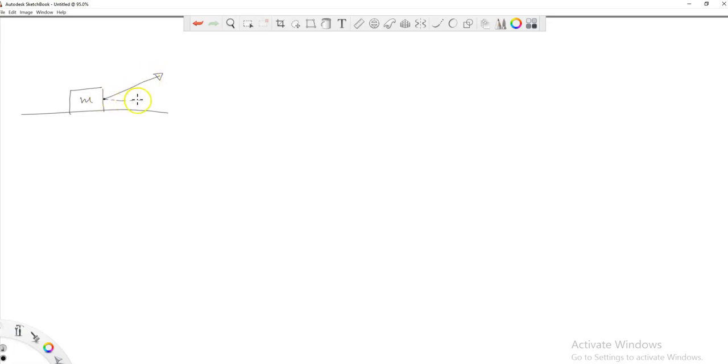Let's say the angle here is theta. So you're applying a force F, making some angle. Still the object will move, right? It will start accelerating, but the acceleration will be a little different because now the force is not horizontal anymore.